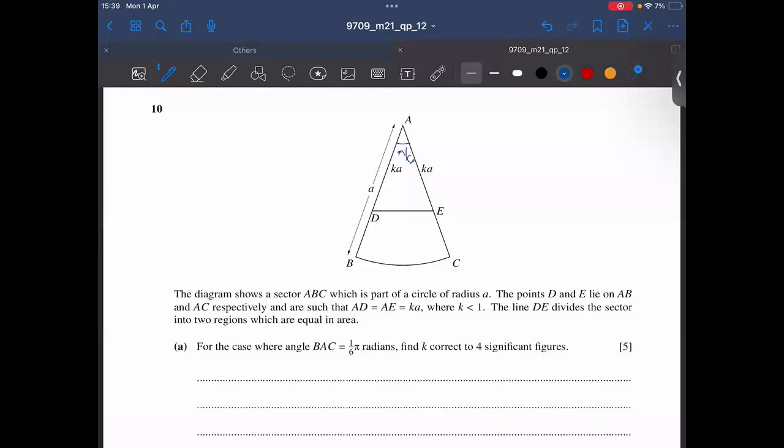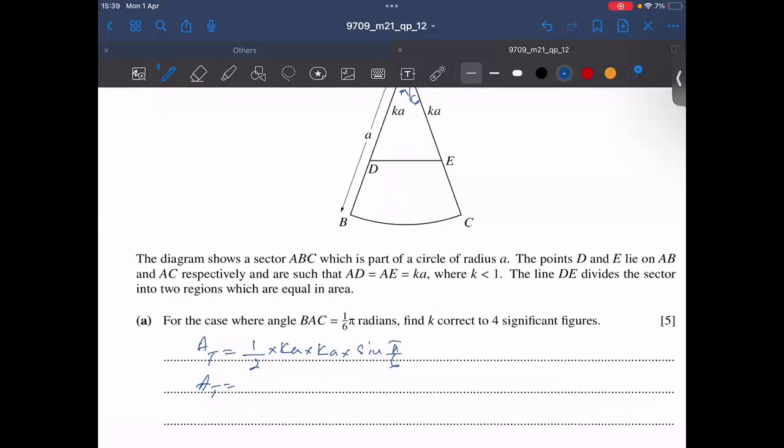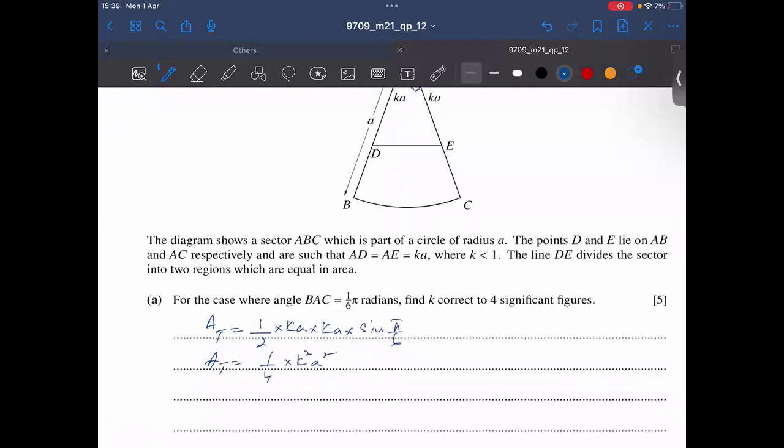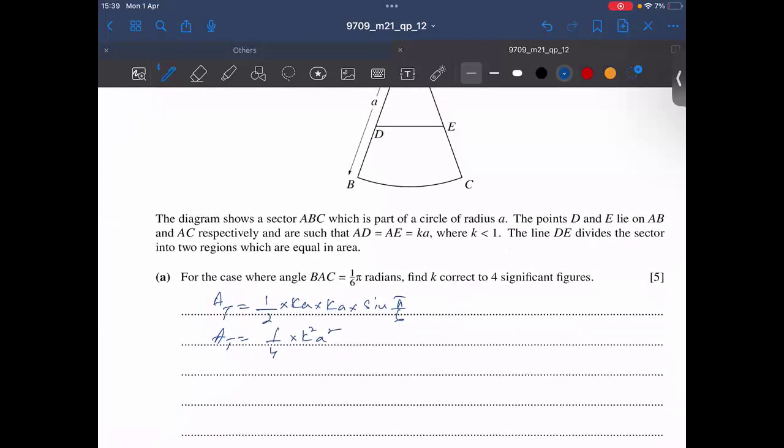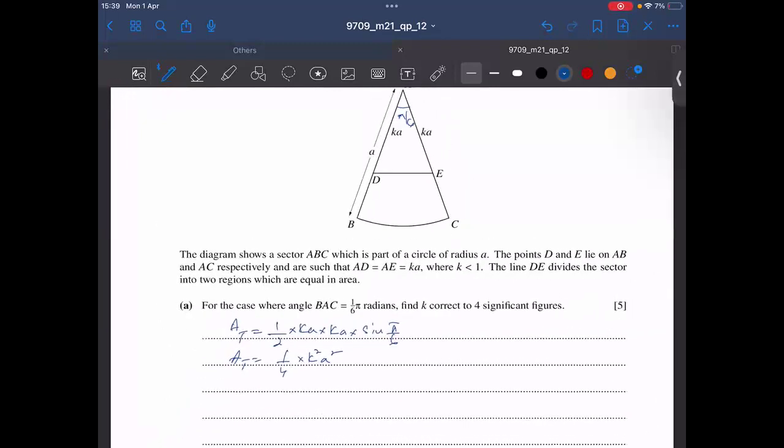Area of triangle is going to be half times A times K times sine pi by 6. So the area of triangle is half times half, which is 1 over 4 A square K. Can I say basically that the area of sector is 2 times the area of triangle?